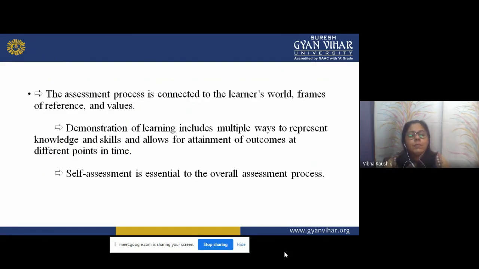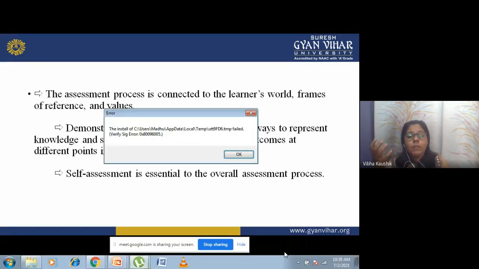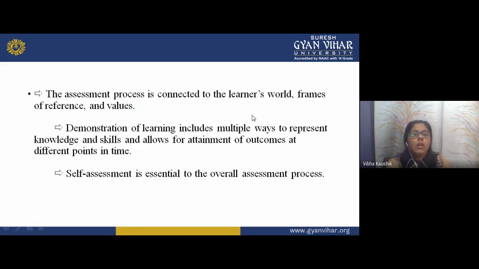Now, the assessment process is connected to the learner's world, meaning how the teacher will assess the performances of the learner should be decided and connected with the learner's world, in the situation in which he is developing or learning. Frames of references and values. Demonstration of learning indicates multiple ways to represent knowledge and skills and allows for attainment of outcomes at different points in time.